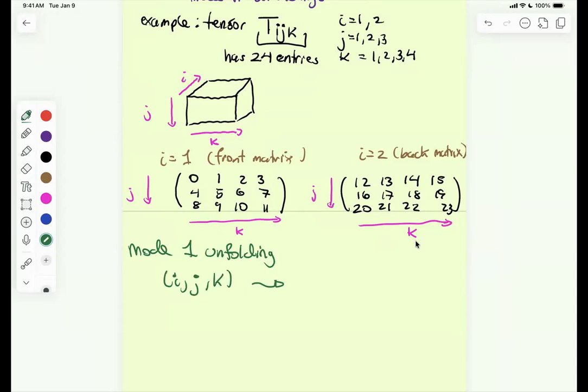First mode is just a way to say that that's the first index. So you take the first index, which in this case is I. I don't keep that as its own index, but you merge the other 2 as a new index. So you take J and K, you can merge them as a single index, which I'll just call J.